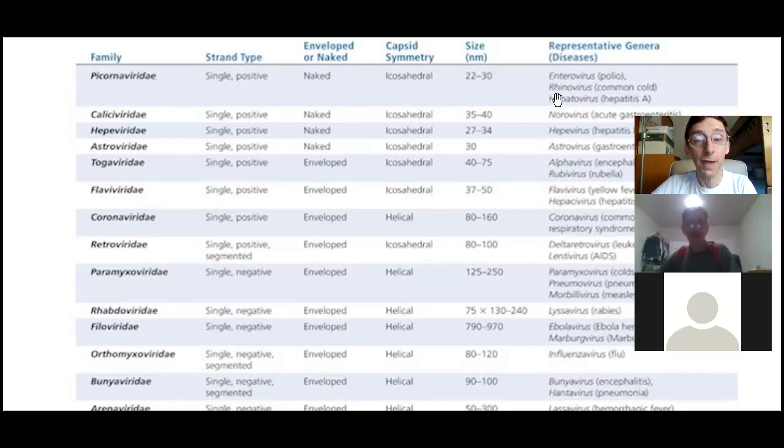Picornaviridae is also the family that has the poliovirus. You probably don't know Astroviridae and Togaviridae, but if you've heard of Eastern equine encephalitis and the other one, Western equine encephalitis, they're in those families.